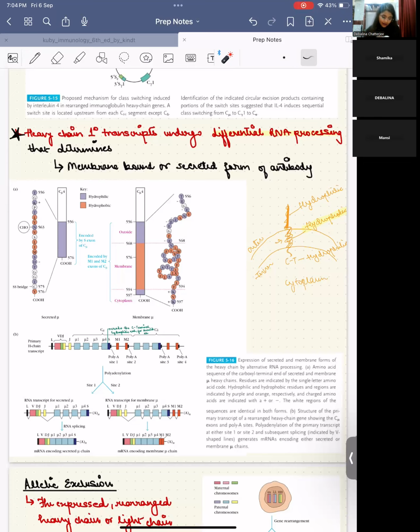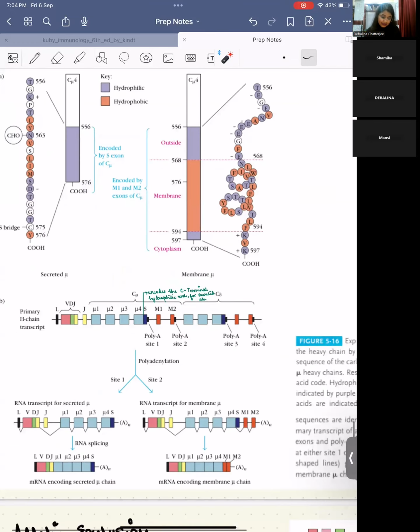Okay, and if we have the other possible RNA processing that has happened, which retains all the red, what you see here is all the hydrophobic amino acids, and this forms your hydrophobic domain.